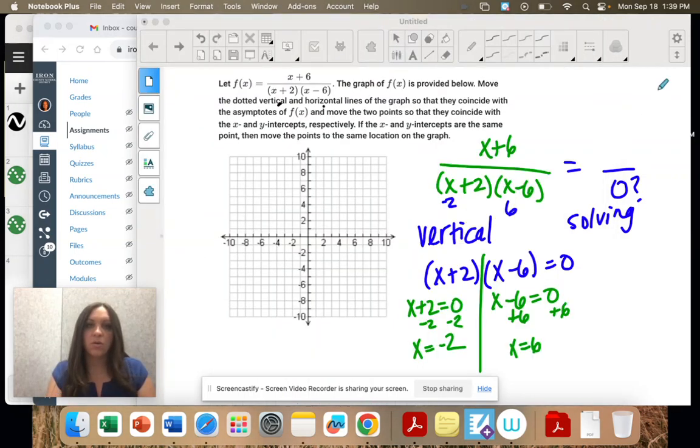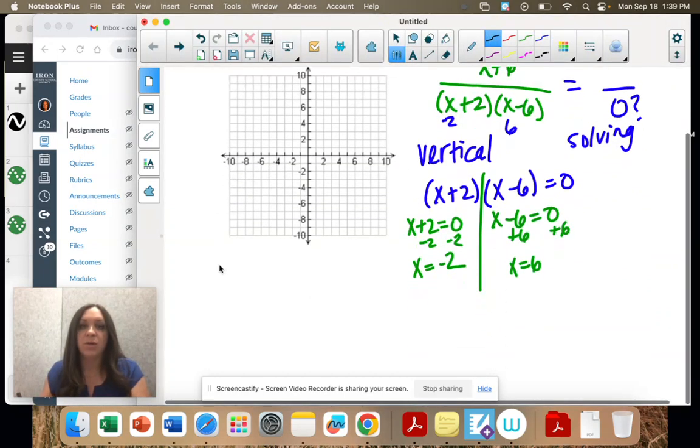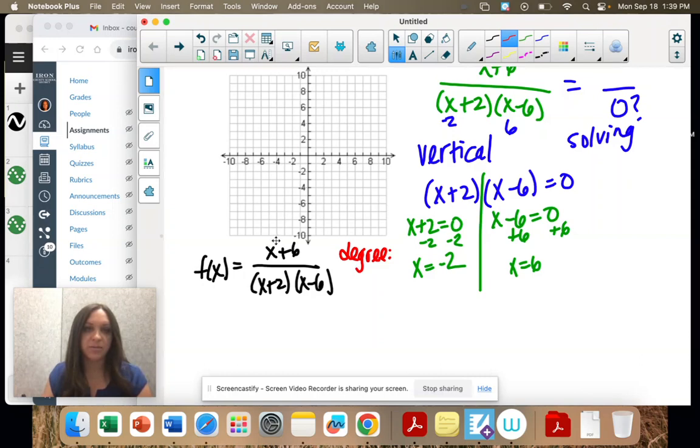For our horizontal asymptotes, we look at the degree. The degree on the numerator: how many x's are there? There's just one. And the degree on the denominator, there's 1 here and 1 here.